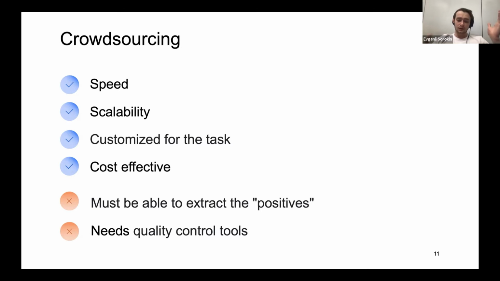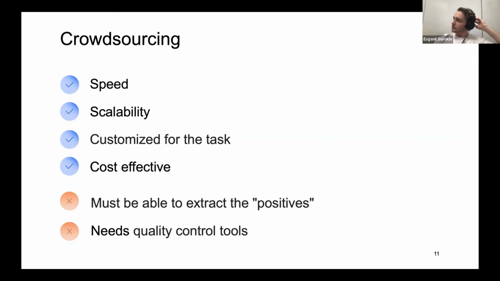On the other hand, you have to worry about how to transform multiple answers of unique participants, annotators, into a single label. This is what I mentioned, must be able to extract the positives. On the other hand, like my colleague on the previous talk, you need quality control tools.